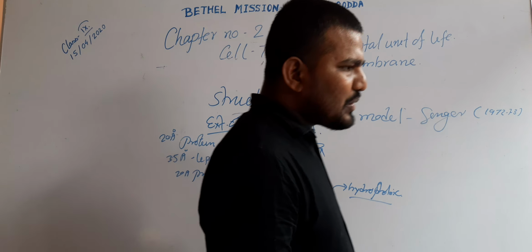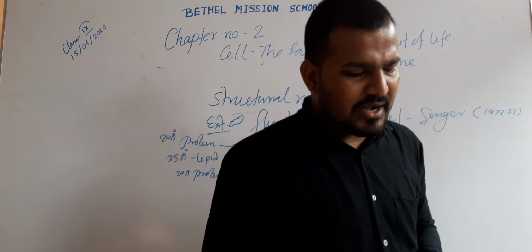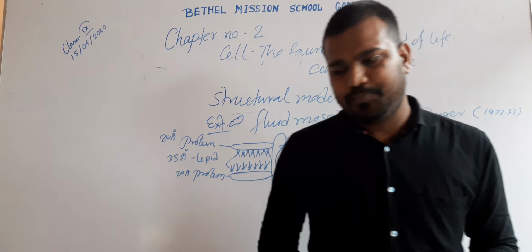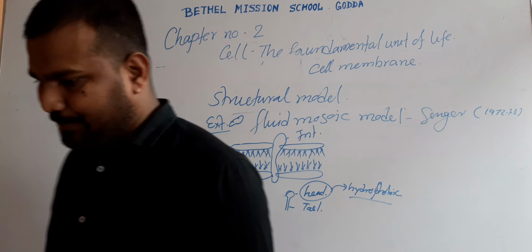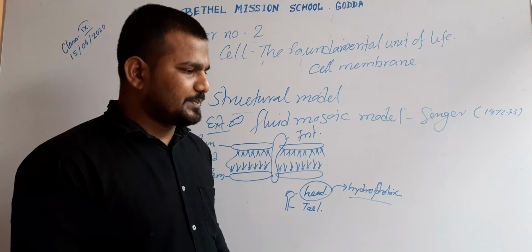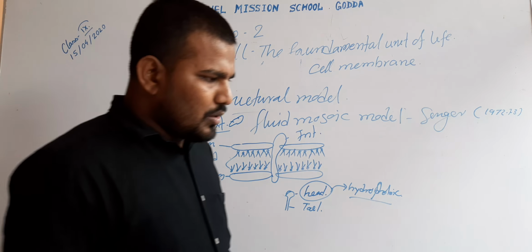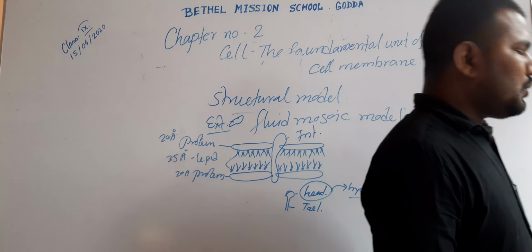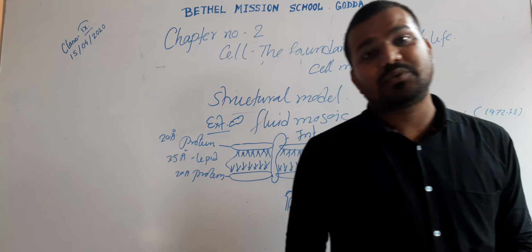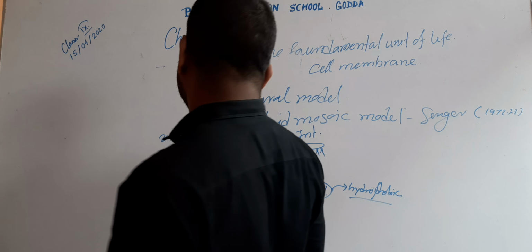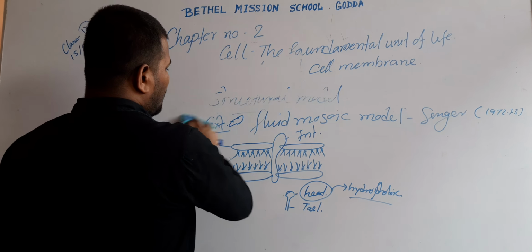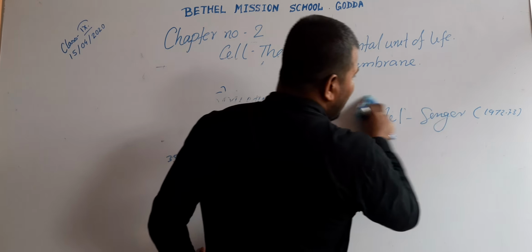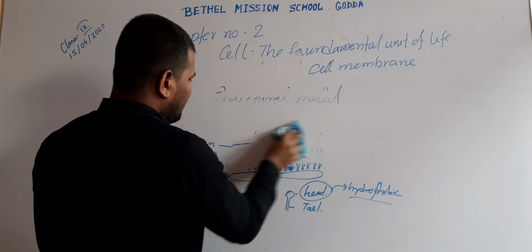Now we are going to discuss the functions of the cell membrane. The first one is permeability. Permeability means providing permission. Through the cell membrane, different types of molecules, gases and solutions enter the cell.